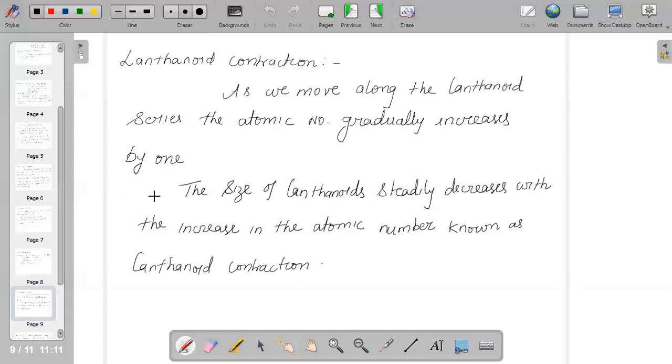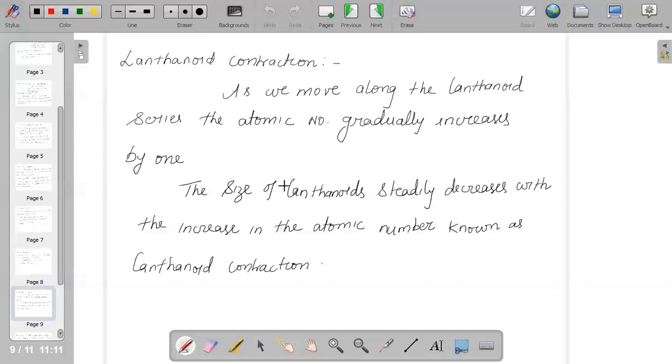But if electrons are being added to the same shell, the effective nuclear charge will increase, and the increase in atomic number will also increase the number of electrons in the 4f orbital, which has a very poor shielding effect.